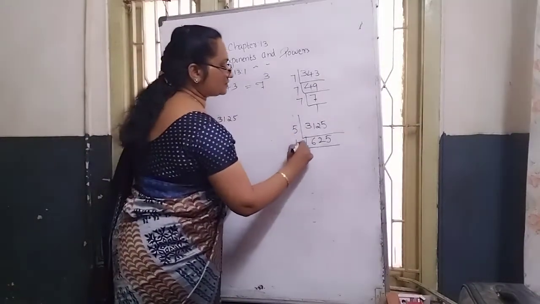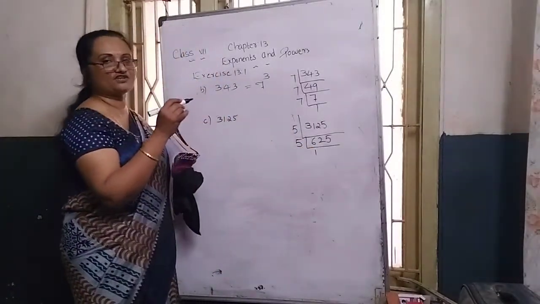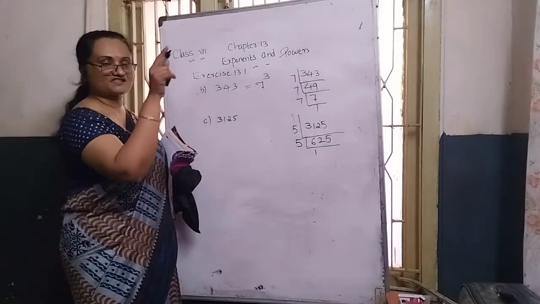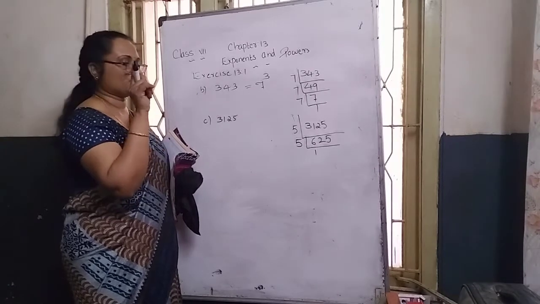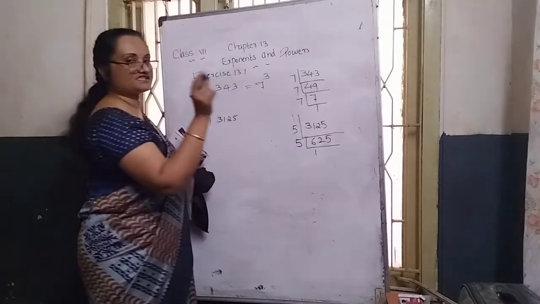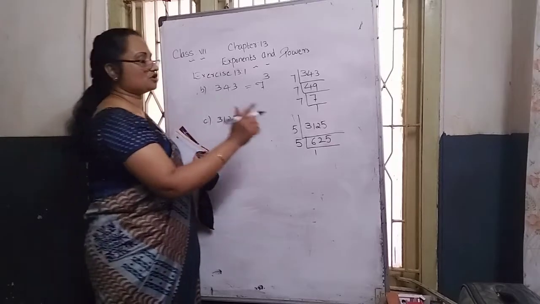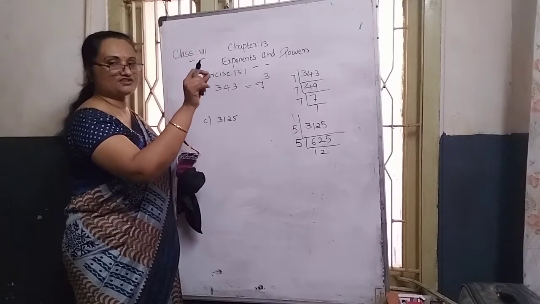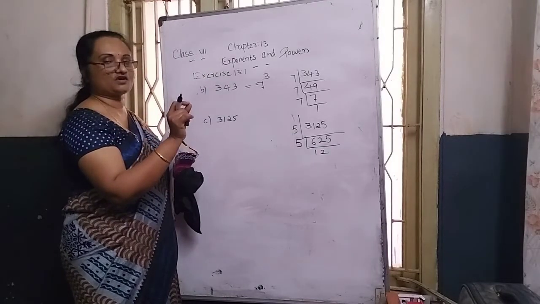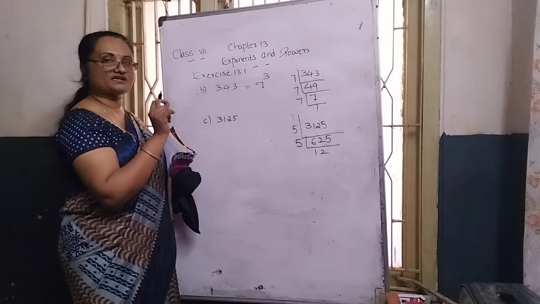Again continue with the prime number 5. 5 table 6 properly not there, 5 into 1 becomes 5, so 6 is subtracted with the product 5. 6 minus 5 becomes 1. That 1 and the second place number read together, 1 and 2 join, 12. 5 table 12 properly not there, 2 times 10 is there, so dividend 12 and product 10 subtract. 12 minus 10 comes to be remainder 2.